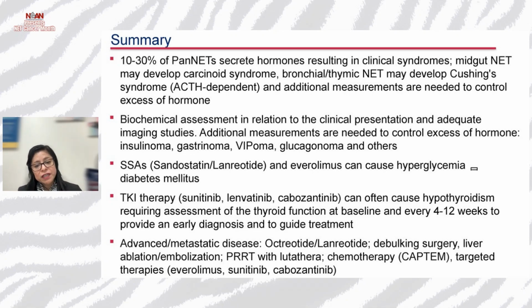In advanced metastatic disease, we discussed we have different tools in our toolbox, such as octreotide, lanreotide, debulking surgery, liver-directed therapies, PRRT with 177 lutetium dotatate, chemotherapy, other therapies such as everolimus, sunitinib, cabozantinib. But as I said earlier, it's not one size fits all.